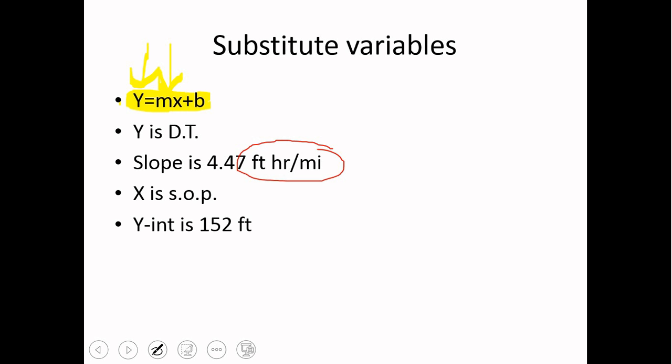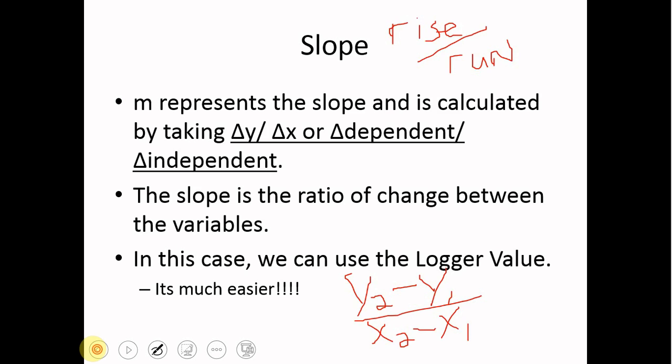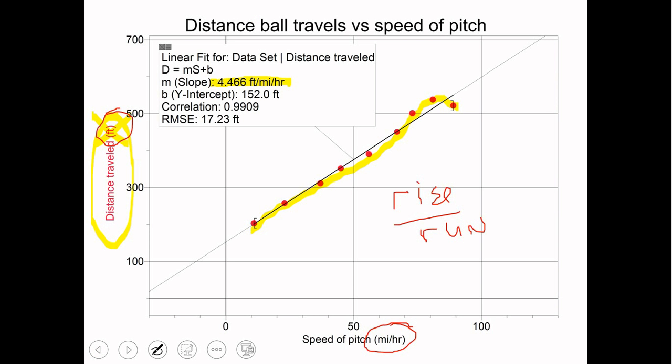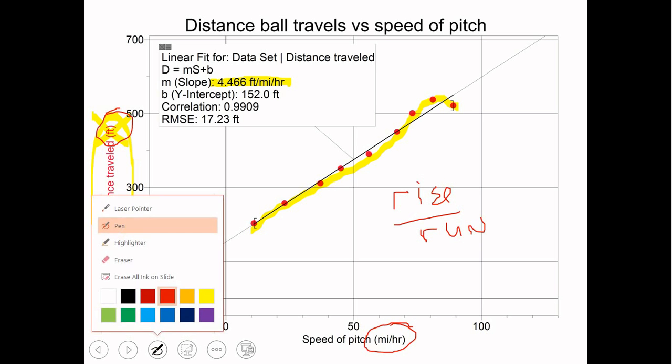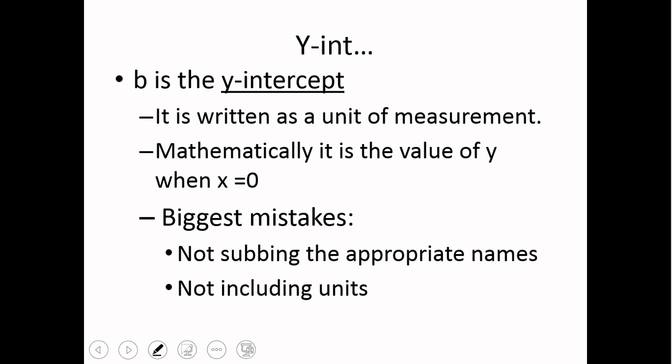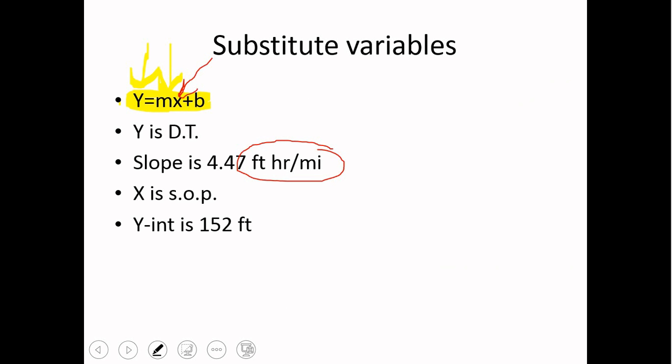Okay, part of the equation, the x, we get from the name on the x-axis. Okay, so the name, notice I'm not doing the unit here, speed of pitch. So I went ahead and just called it SOP, or speed of pitch.